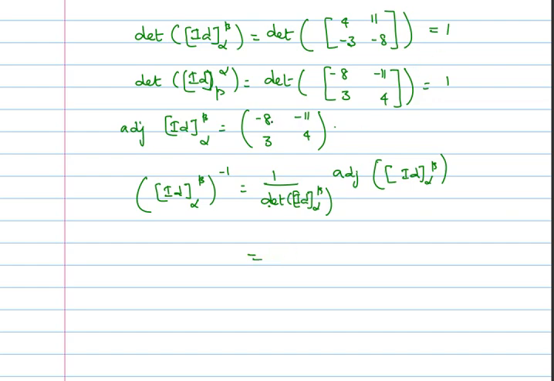So the adjoint is minus 8, minus 11, 3, 4. This is nothing but I beta to alpha. You please check whether this coincides or it's always true. It is always true. That is what we derive as the conclusion.